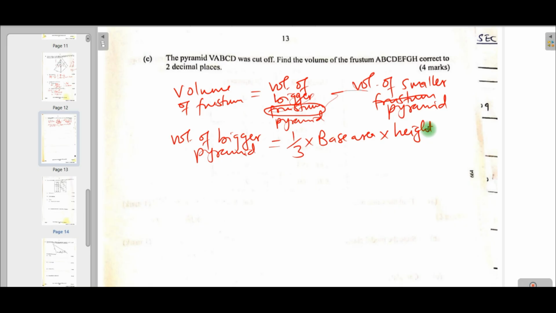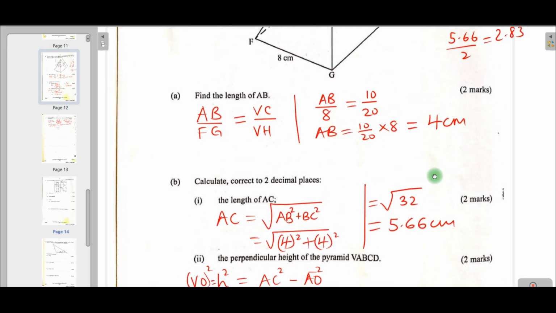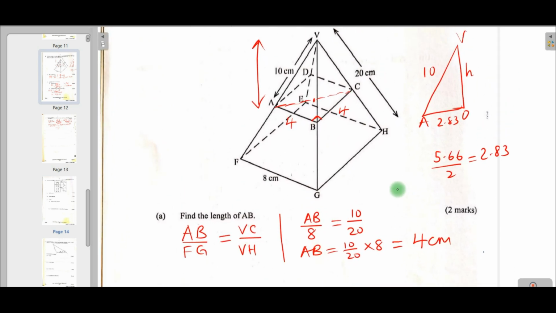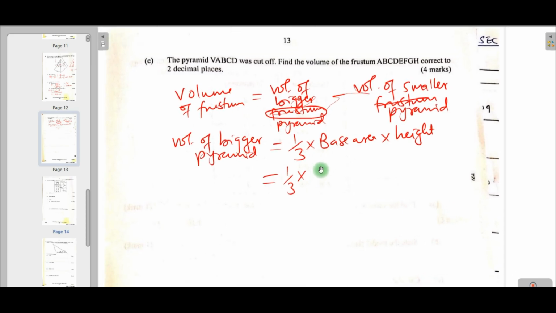Therefore this will be a third for the bigger pyramid, the base is 8 by 8, so times 8 times 8, times.